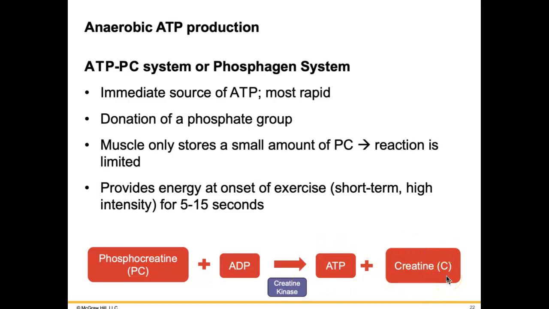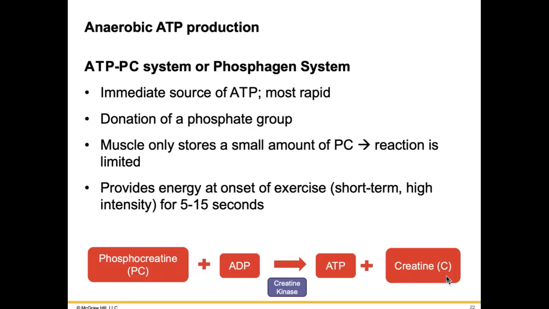So this reaction is limited because we've only got so much phosphocreatine. It'll provide energy at the onset of our exercise, so it's short term and for high intensity exercises, and really will help us during the first 5 to 15 seconds of our exercise.